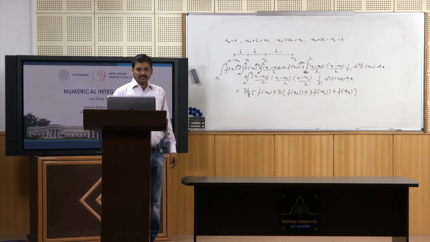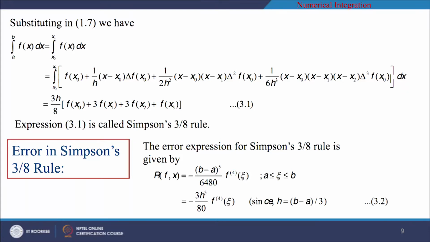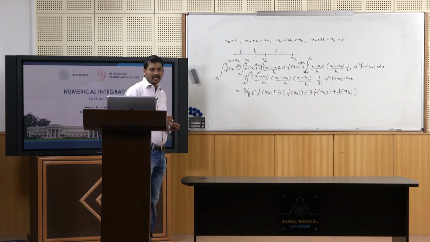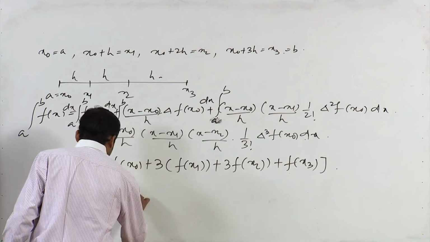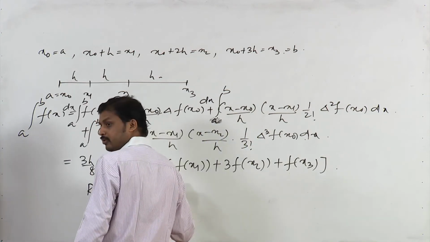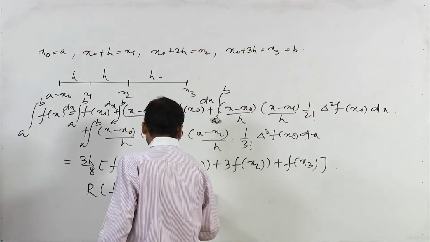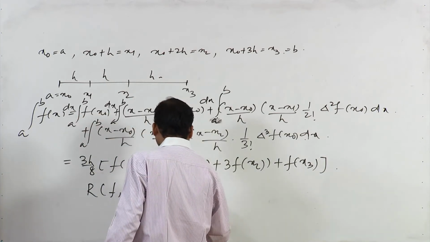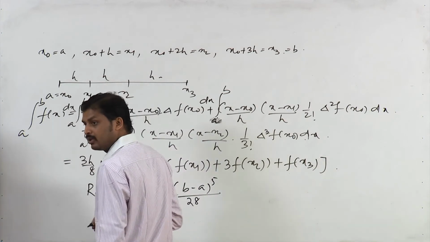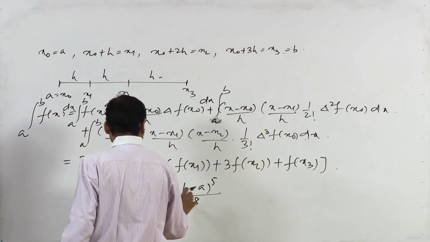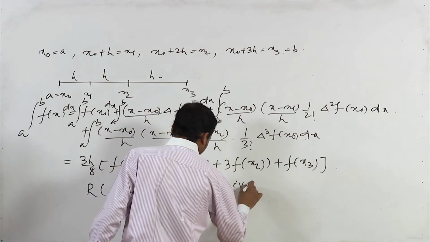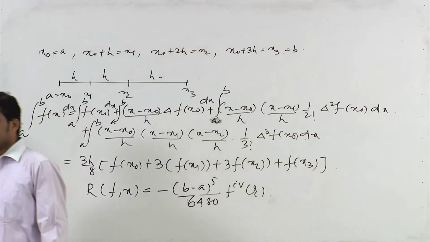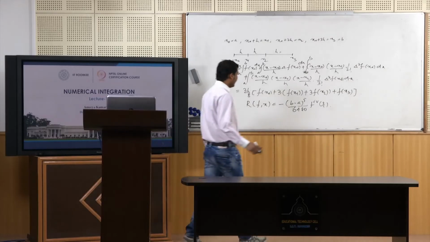And for the error approximation for this Simpson's 3/8 rule, following our earlier computation, we obtain R of f of x equals minus b minus a whole to the power 5 by 6480 f to the power 4 of zeta here, where zeta lies between a and b.